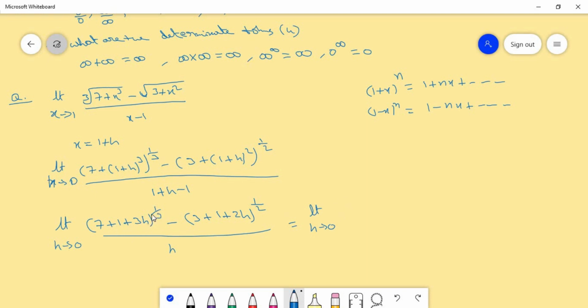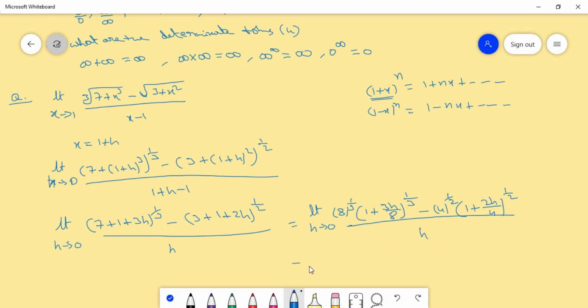Now we are applying binomial approximation. Before that, remember, for applying binomial approximation, the 1 plus x formation must be there. So that's why I am taking 8 common, 8 power 1 by 3 into (1 plus 3h by 8) whole power 1 by 3 minus, here also I am taking 4 outside, then we get 4 power 1 by 2 into (1 plus 2h by 4) whole power 1 by 2, whole divided by h.